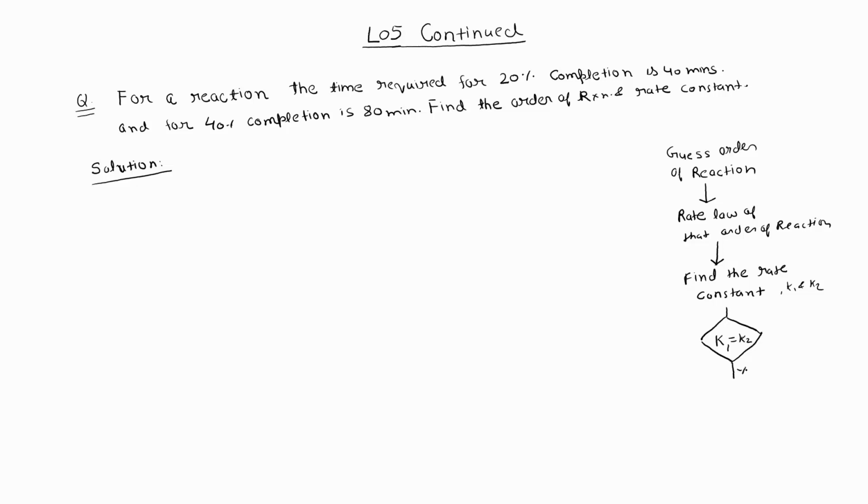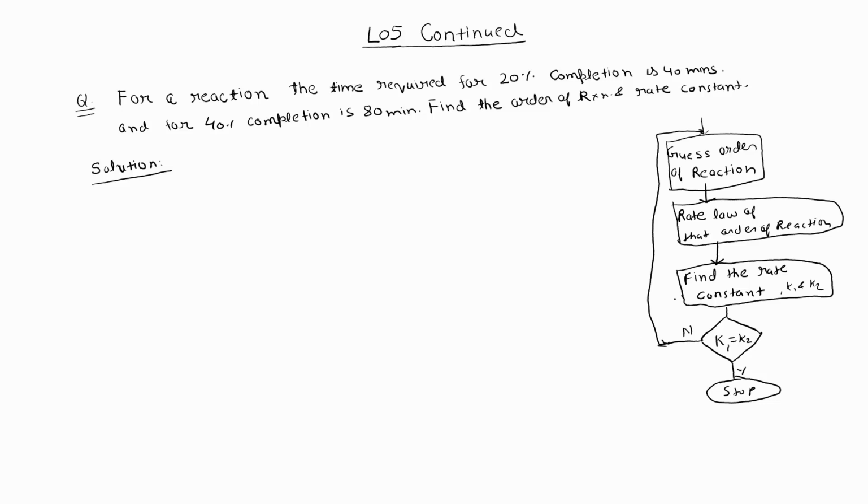If yes, then we have the result, then we stop and print the result. If it is not true, then we go to the first step, that is the order of reaction.